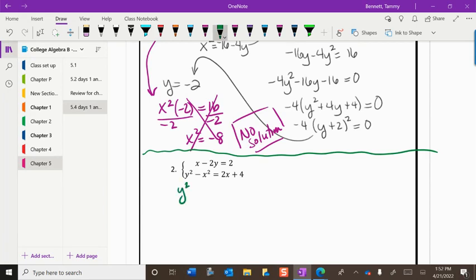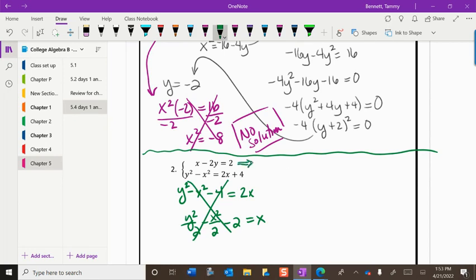So y squared minus x squared minus 4 equals 2x. So y squared over 2 minus x squared over 2 minus 2 is x. Not nice at all, so maybe this is not the way to go. That is a terrible plan, so we're going to put a big x in that. Don't go there. All right, let's try another way.